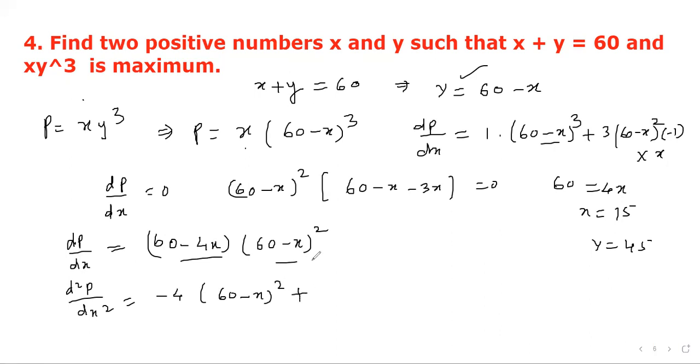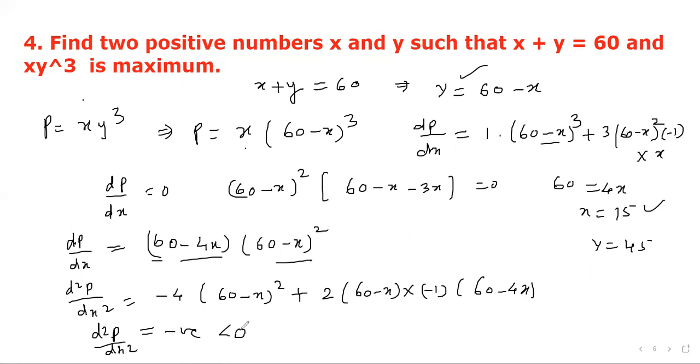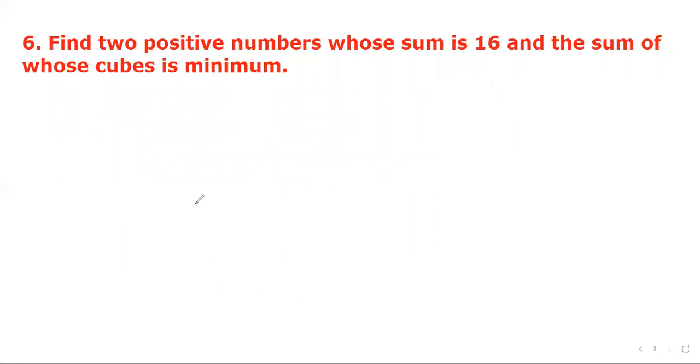Now we differentiate this term, so this will become twice of (60 minus x) into minus 1, and the first term will remain intact, (60 minus 4x). When we put x equal to 15, we get d2p by dx2 negative, that is less than 0, hence the function is maximum. Now let's consider the next question.